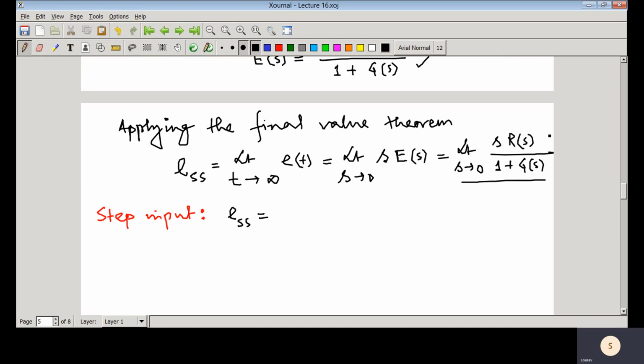Whenever R(s) is step, that is 1 by s, this expression e_ss would be 1 by 1 plus limit s tends to 0 of G(s), because in place of R(s) if we put 1 by s, the unit step, this s will be cancelled out, so that is 1 by 1 plus G(s), and if you just apply this limit you will get this expression.